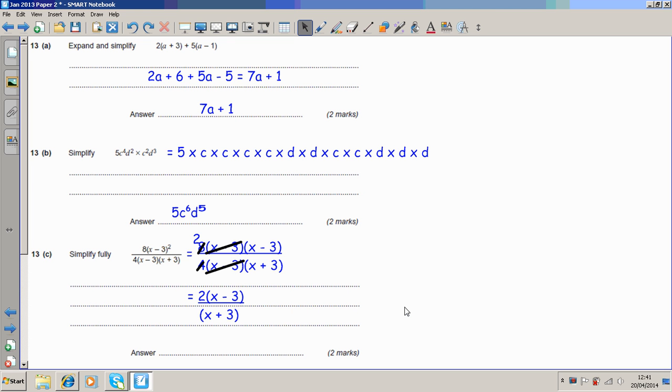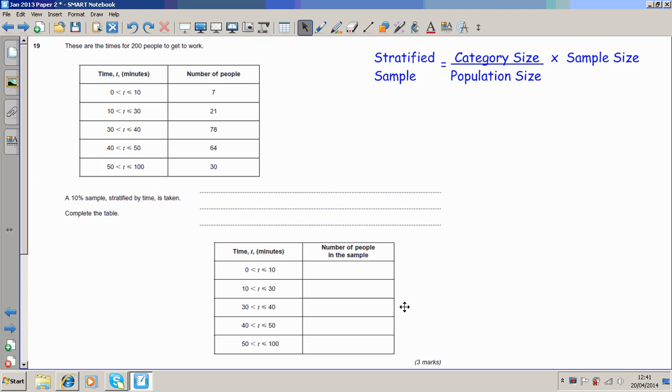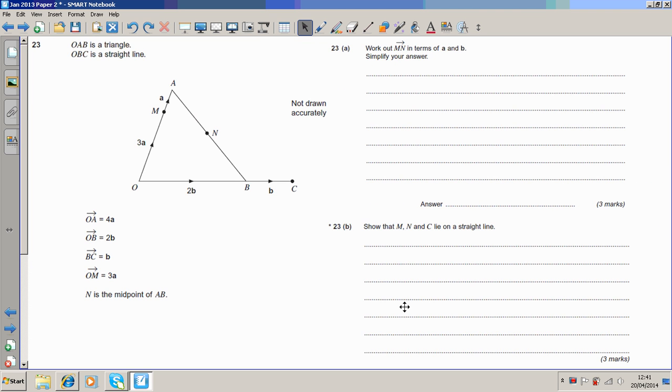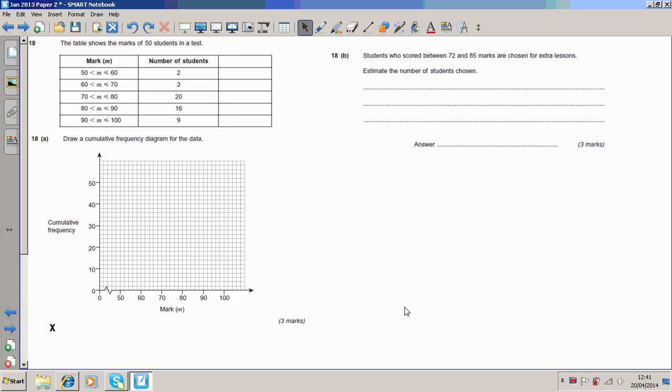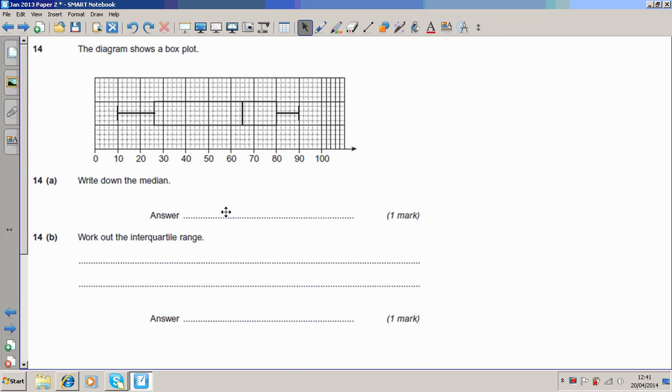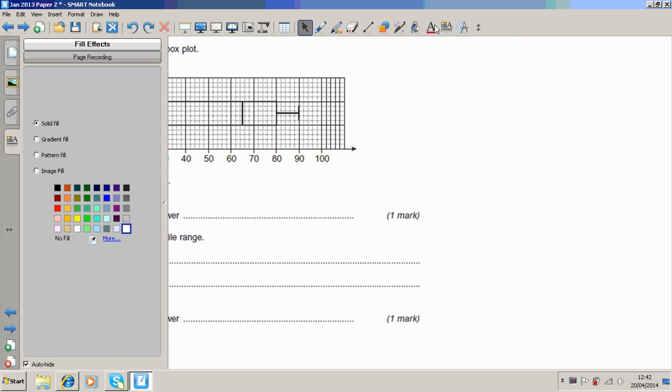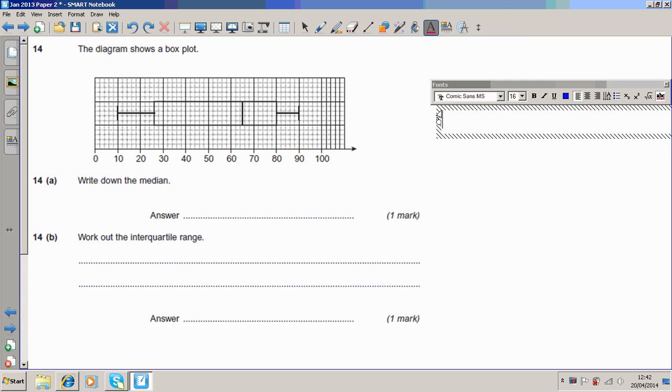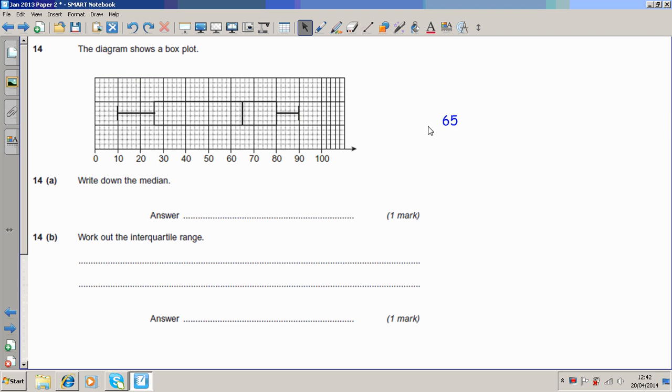Okay, 14. Getting there, not too bad. Getting to the hard ones now, eh? So the diagram shows a box plot, write down the median. Well, the median is the middle bar on this box that we've got here. So that looks to me like that is at the number 65.